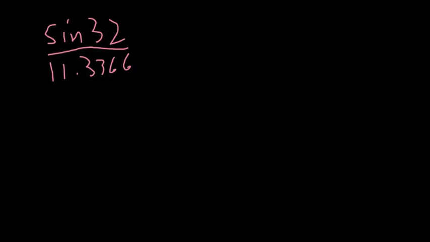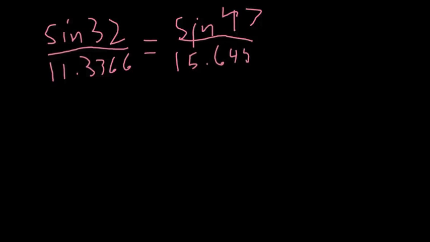For example, in this problem, you would do sine 32, which was angle A, over side A, which we found was 11.3366, is equal to sine 47, which is angle B, over side B, which we found was 15.6459, is equal to sine 101, which is angle C, over side C, which is 21.